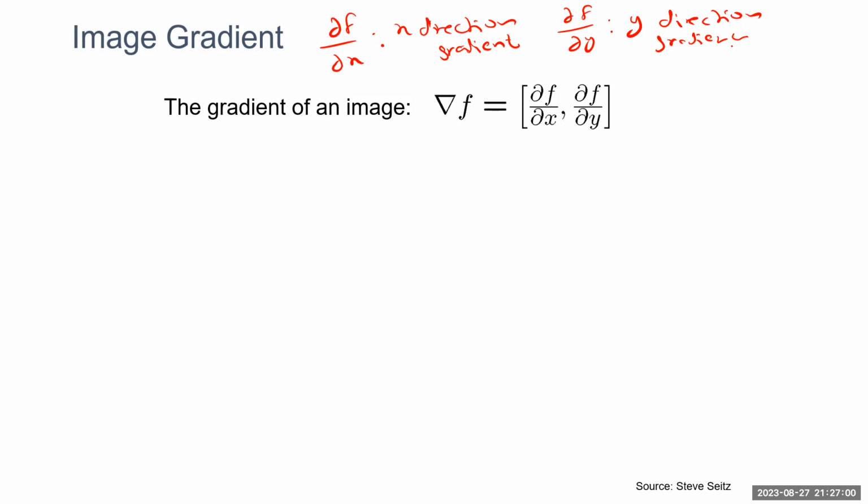If you look at an image like this, what do you think ∂f over ∂x would be? Can someone tell me?